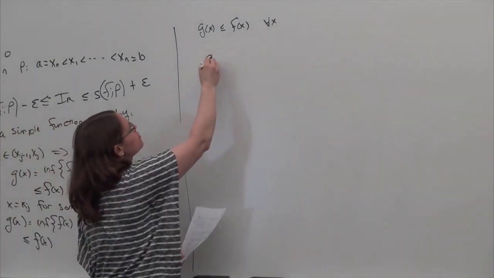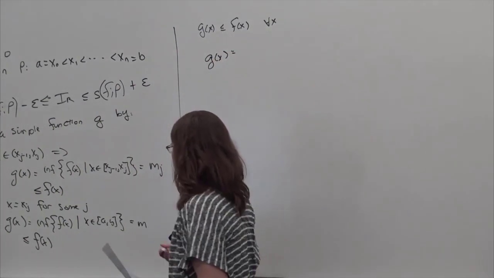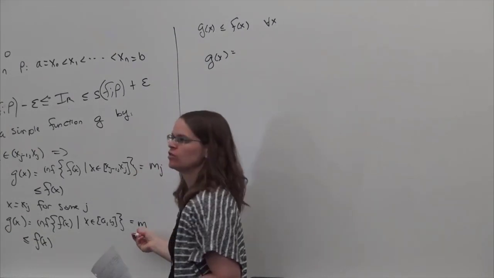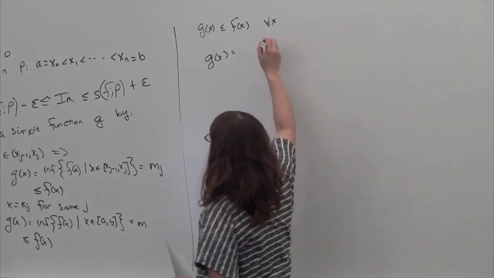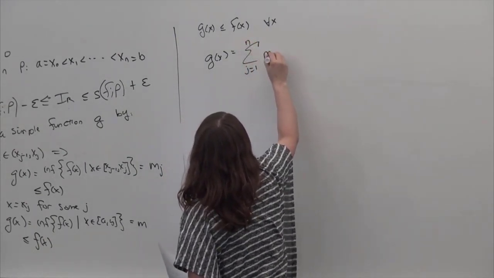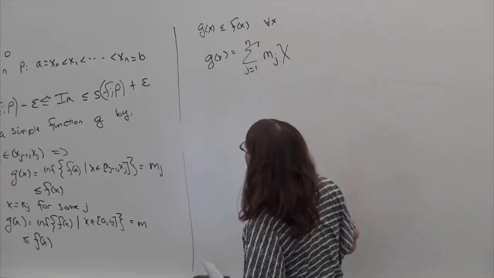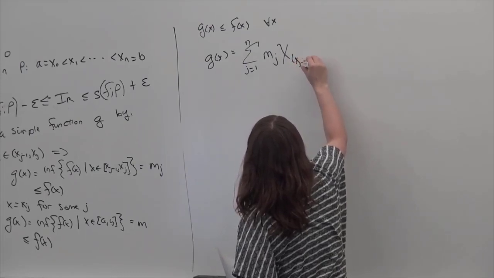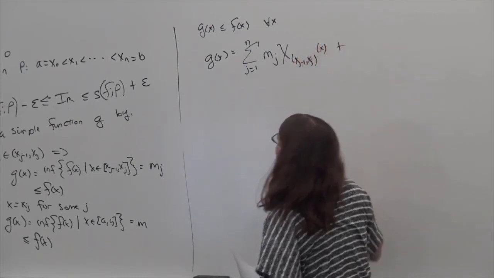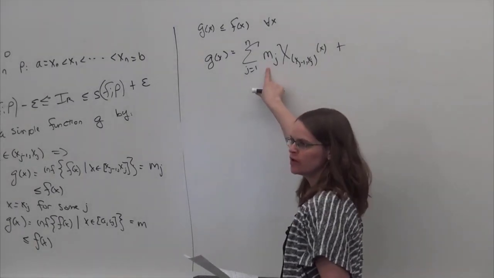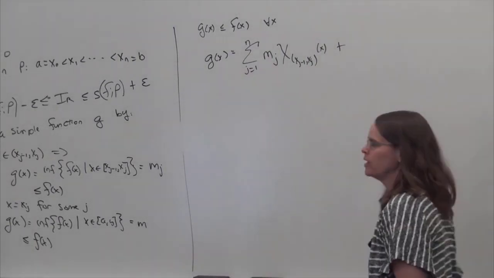So let's explicitly write g as a simple function. g takes finitely many values. It takes all of these m_j's, there's finitely many of them, and then it takes this lower bound m. So we're going to be able to write this as all of the m_j's times the characteristic function of the interval x_{j-1} to x_j. If we're in this open interval, we just take the value m_j, otherwise it's 0, it goes away.